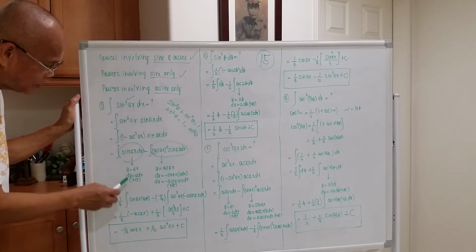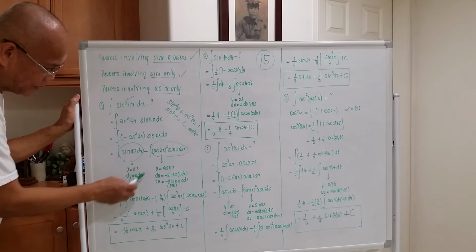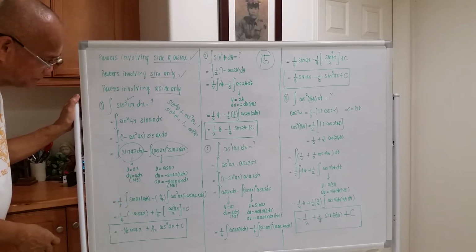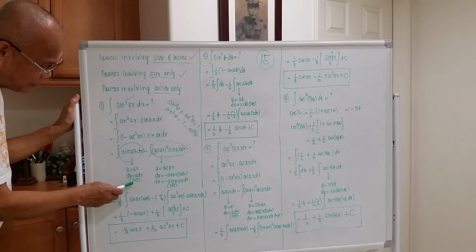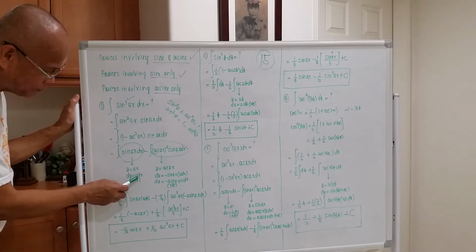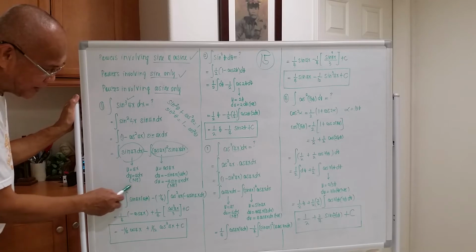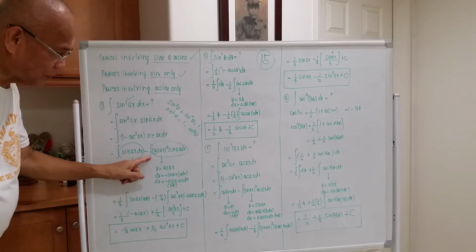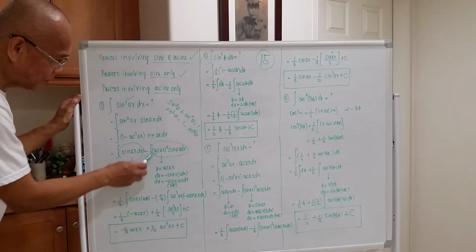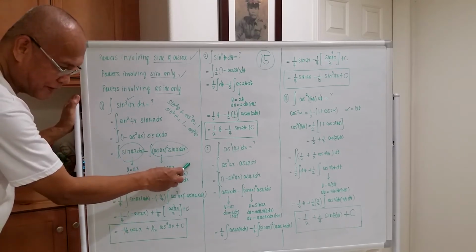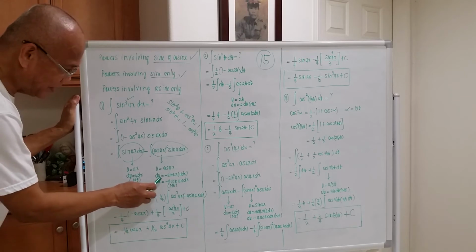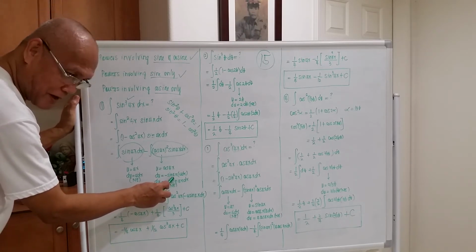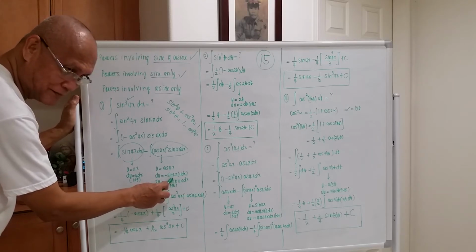For this sine function, the value of u is 4x, du will be 4dx. It is not exact. There is no 4 inside, but the verification involves 4dx. I place here not exact. For the second one, if this falls under the power formula, the value of u will be cosine of 4x, and du will be negative sine of 4x times 4dx, since the derivative of a cosine is negative sine.